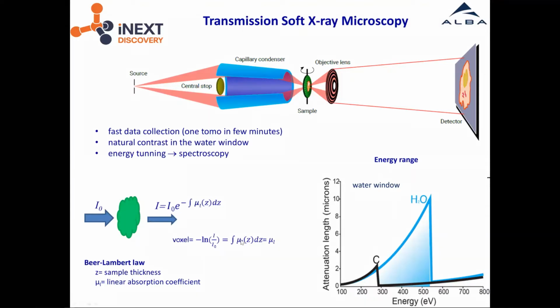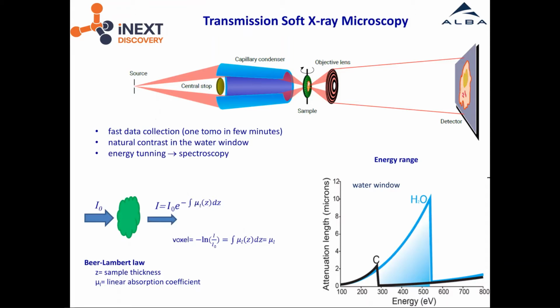So what we are collecting is the transmission signal, and when you reconstruct your tomography, due to the Beer-Lambert law, the intensity that is transmitted is proportional to your linear absorption coefficient.